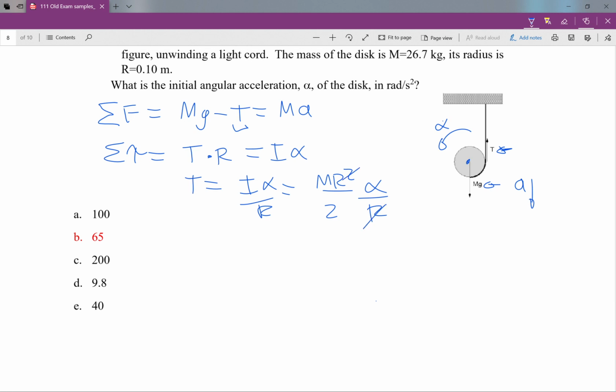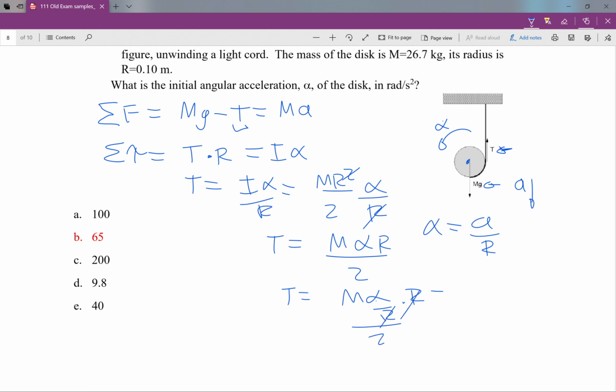The r cancels out, and we have that tension is equal to the mass alpha times r divided by 2. We substitute that in our original equation. And we also know that alpha is equal to the linear acceleration divided by r. So look at that. Tension is m alpha over r times r over 2.